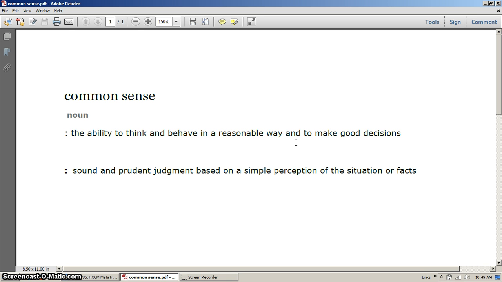And sometimes a good decision would be to end the trade with a small loss. And so, sound and prudent judgment based on a simple perception of the situation or facts.